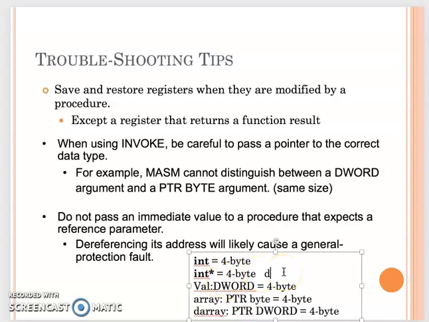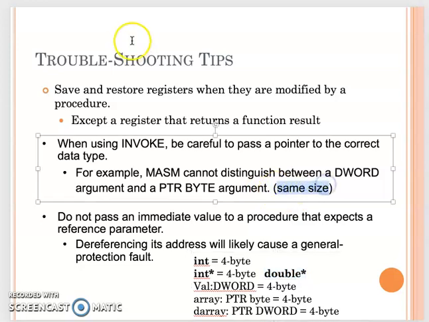It's different from C++, right? In C++, we understand that's a double, because we know a pointer is a reference. But when you say double, I will read from that location for how many bytes and how we will treat them. So that's why MASM cannot distinguish between a D-word argument or a PTR byte argument, because what they care about is the size only. So you need to be really careful.